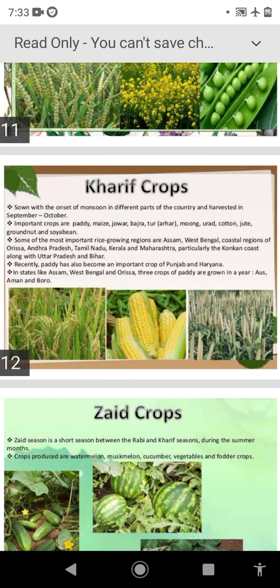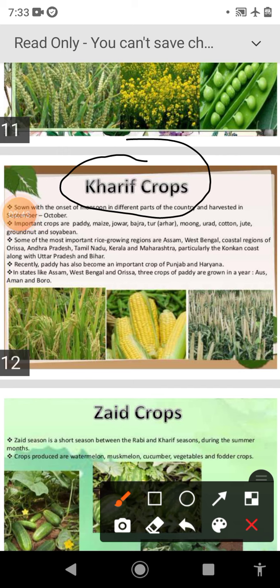So with regard to the Kharif crops, this Kharif season is also called the monsoon crop season. It begins with the onset of monsoon in June and continues until September, when the crops are harvested.